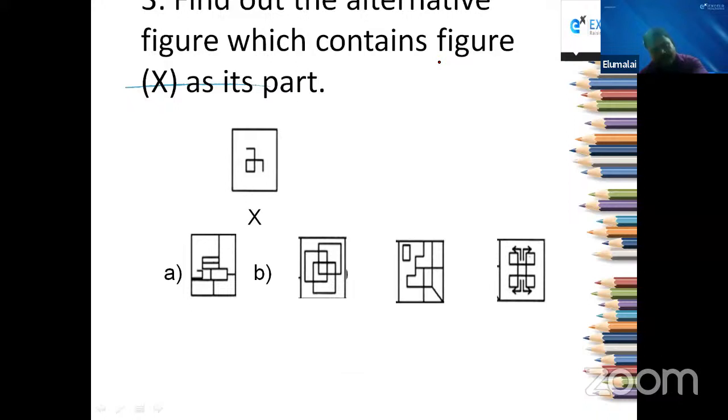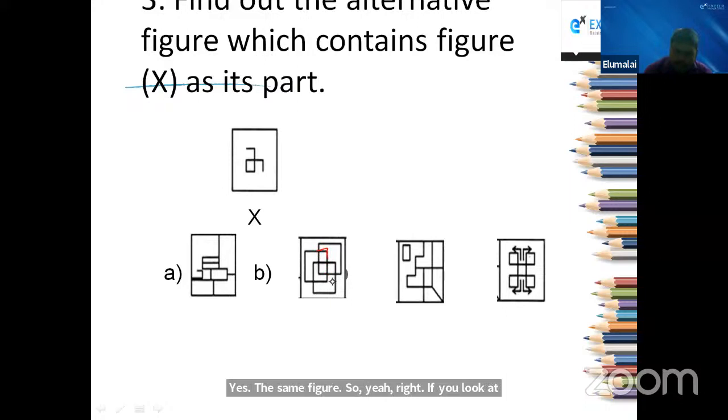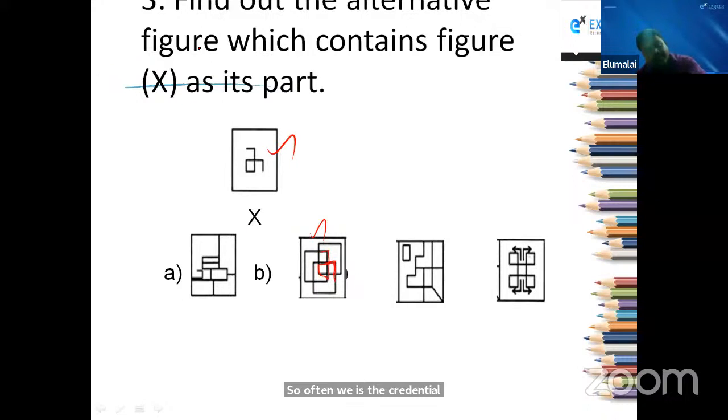Very good. See, the same figures are there here. If you look at this one, this one, this one, this one, this one, the same figure is here itself. So option B is the correct answer. Everyone has answered correctly.